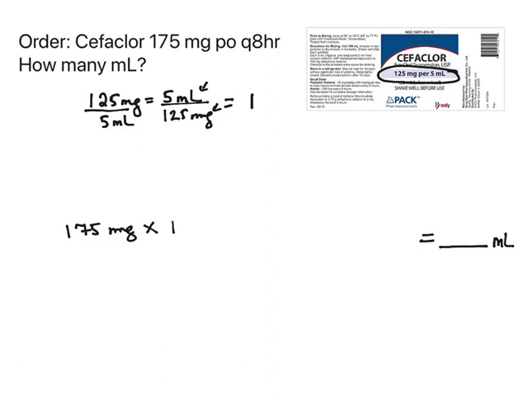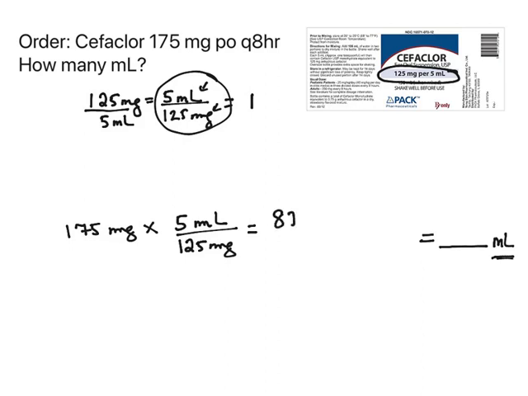I'm going to cross out, erase my 1, and I'm going to multiply again by the one that has the mils on top because I want to give milliliters. And I'm going to multiply by 5 mils over 125 milligrams, and that works out to, so that is 875 mils over 125 milligrams.